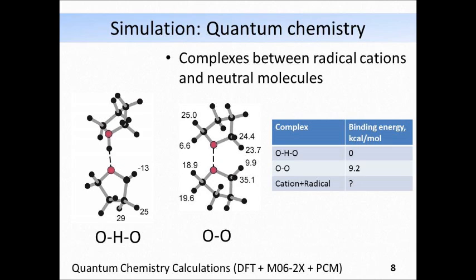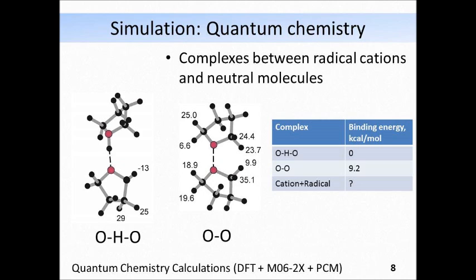The calculations show that our system has an extremely complicated potential energy surface with a lot of transition states and local minima. There are two structures that correspond to the minima.